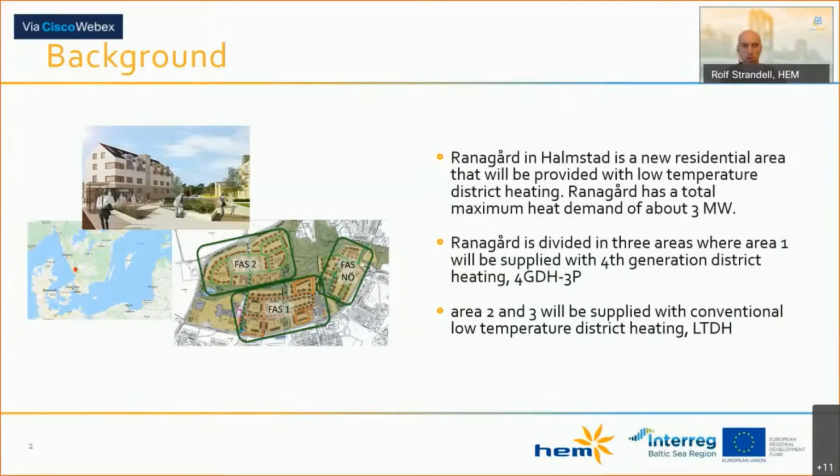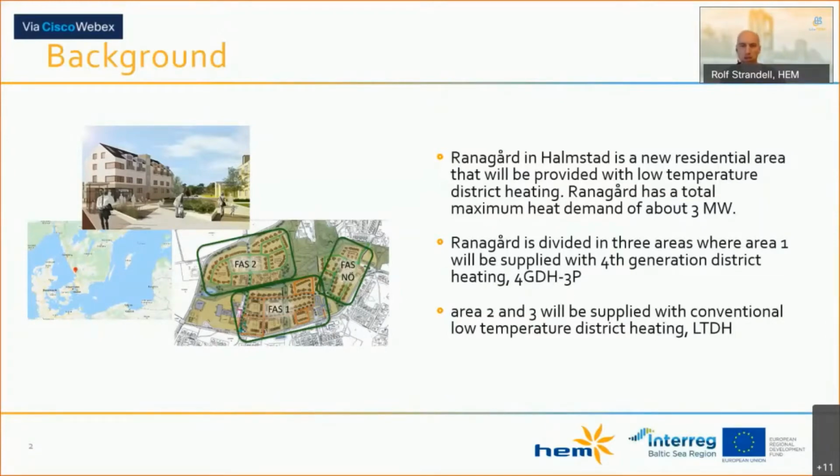And also the University of Halmstad had researched the third pipe in this low temperature district heating. So we call that the fourth generation 3P, the third pipe. And this area is going to be a great testing ability to see the efficiency of this third pipe.